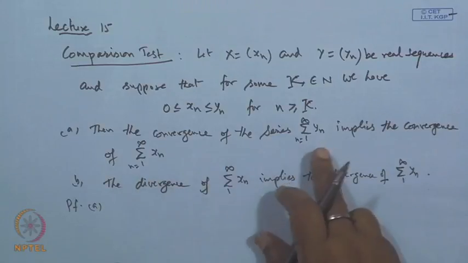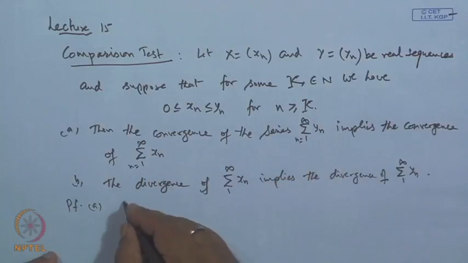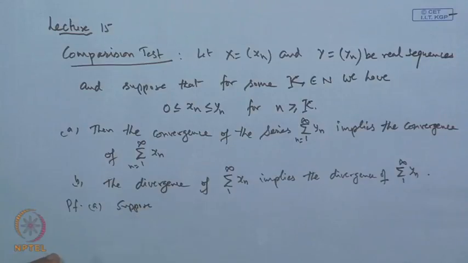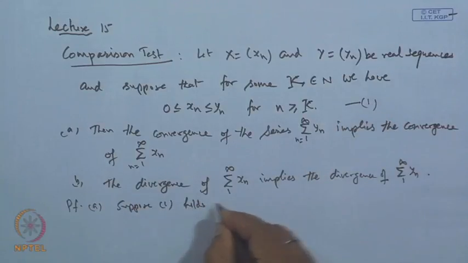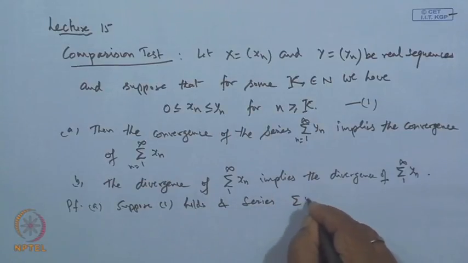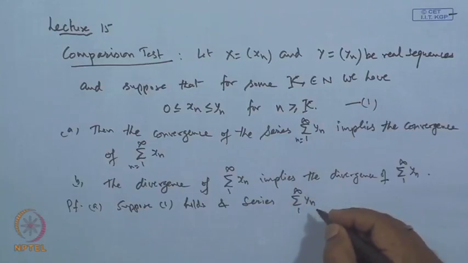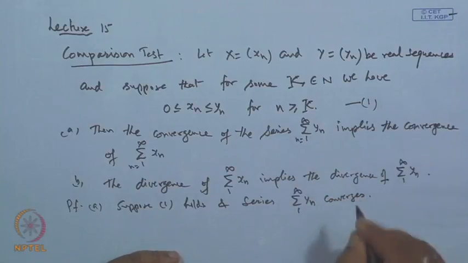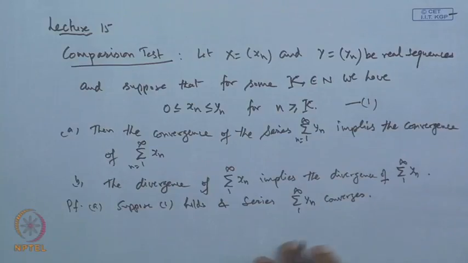Suppose the relation 1 holds and the series sigma y n, 1 to infinity, converges. This is given. So, by definition of convergence, a series is said to be convergent if and only if it is Cauchy.